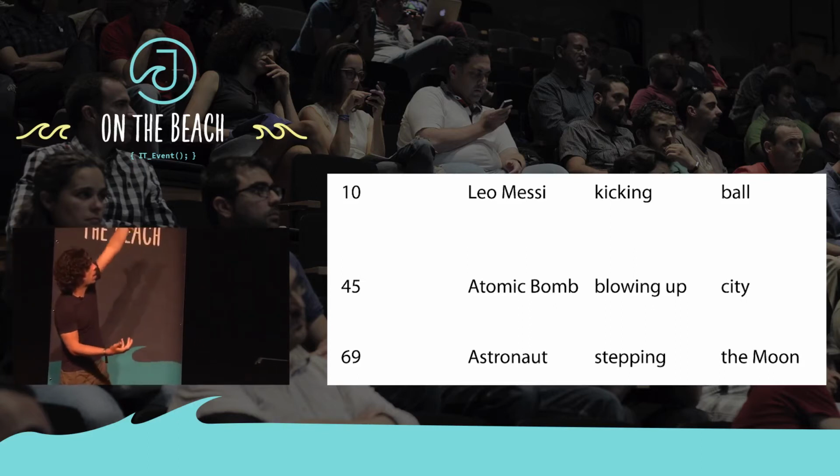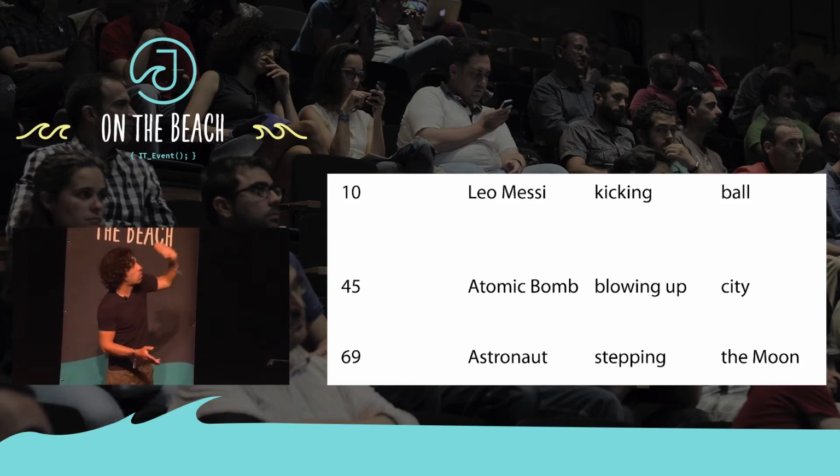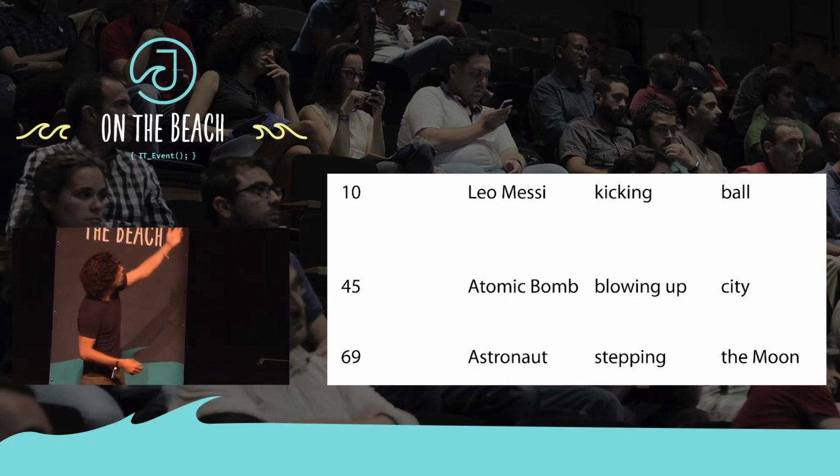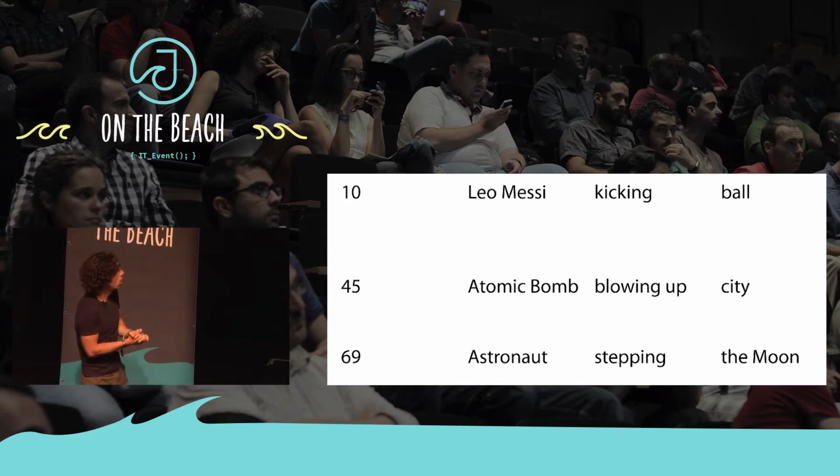If you do that, you're going to have at least 100 items or situations, three of which could look something like that. And then you also create things that are easy to memorize. So for instance, the number 10 is easy to associate to Leo Messi. And then I imagine Leo Messi kicking a ball, right? This is number 10. 45 is an atomic bomb blowing up a city.